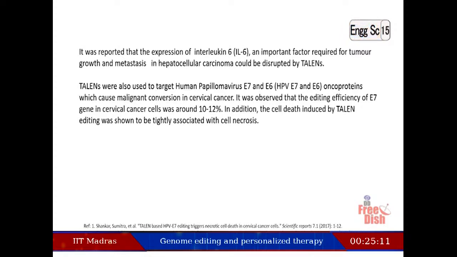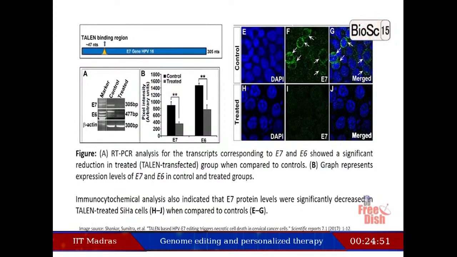TALENs were also used to target human papillomavirus E7 and E6 oncoproteins, which cause malignant conversion in cervical cancer. It was observed that the editing efficiency of the E7 gene in cervical cancer cells was around 10 to 12%. In addition, the cell death induced by TALEN editing was shown to be tightly associated with cell necrosis.